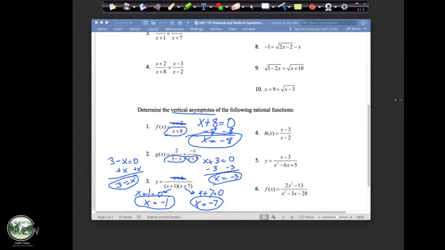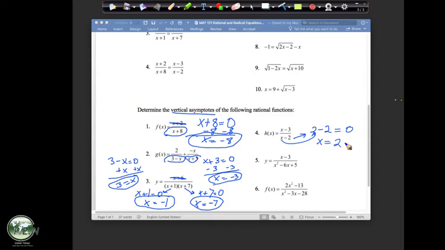Can you just look at 4 and tell me what that one's going to be? Exactly. x equals positive 2, because 2 minus 2 is 0. So if x is that, x equals positive 2. It's as simple as that.